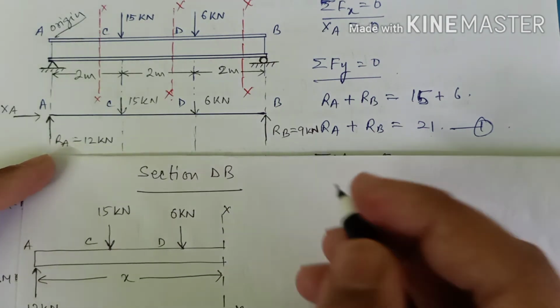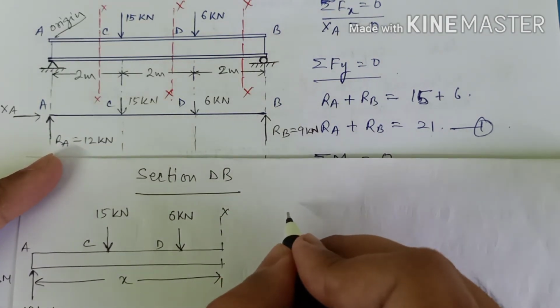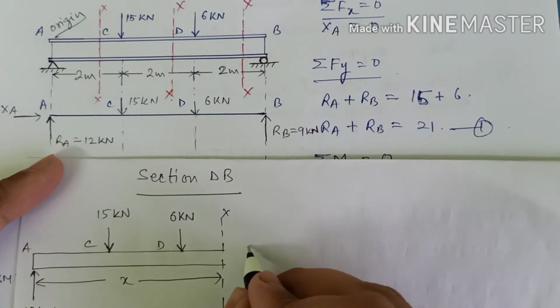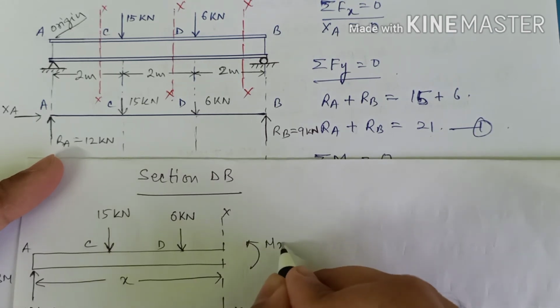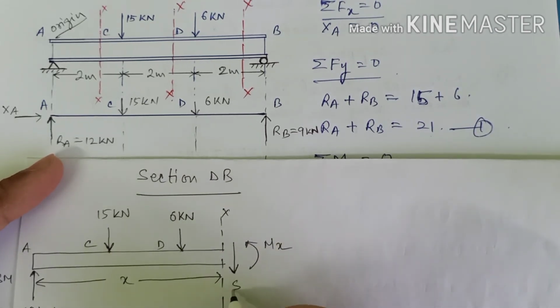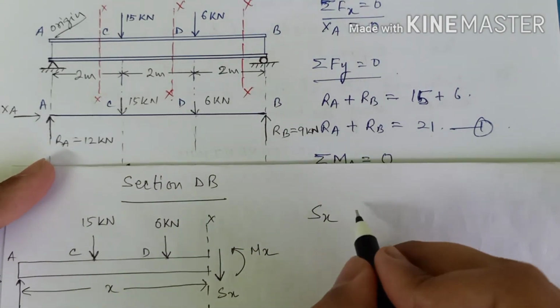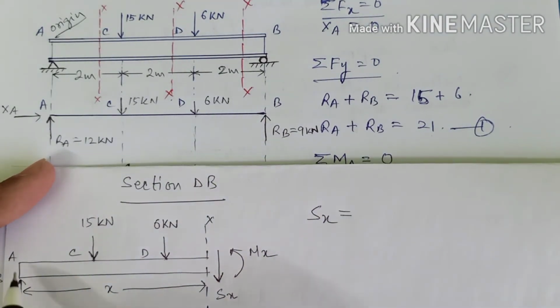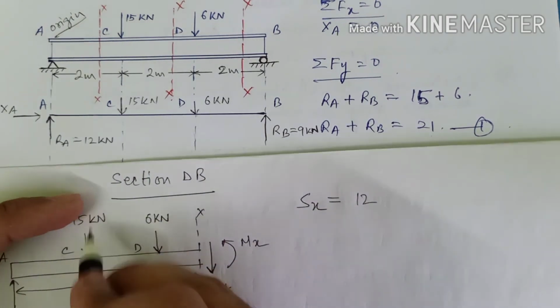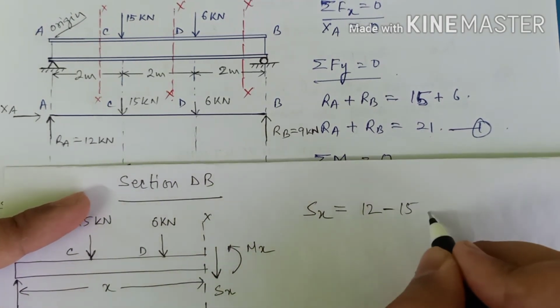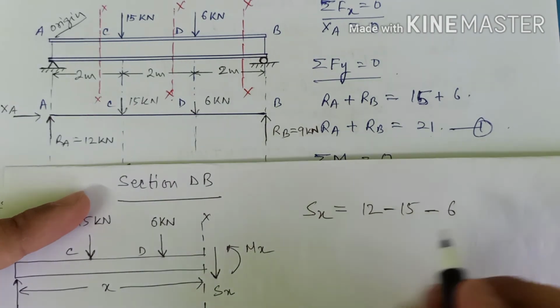Okay, now it's simple. Let us calculate the shear forces one by one. Okay, so same sign convention, bending moment anti-clock, shear force down, right? So shear force Sx will be equal to 12 upwards positive, 15 downwards negative, and 6 downwards negative.